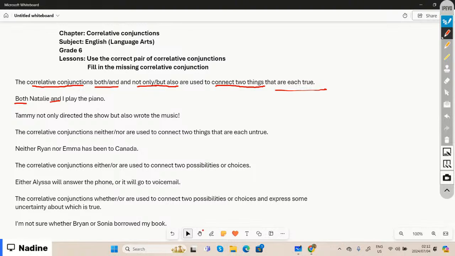And then we also have another one that says Tammy not only directed the show but also wrote the music. Not only but also.